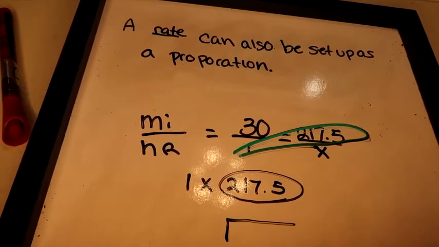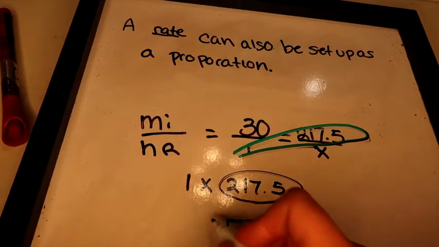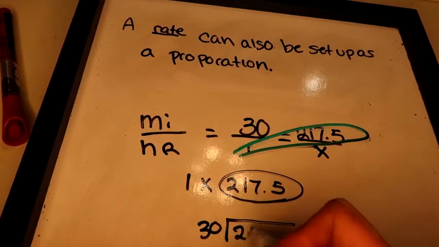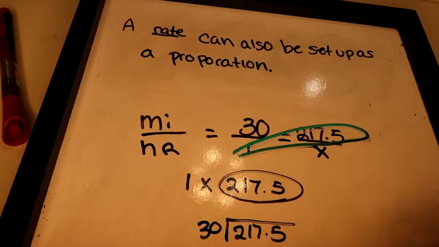Okay. So 217.5 divided by 30. I'm using my calculator, so don't think I'm brilliant, just to save some time.